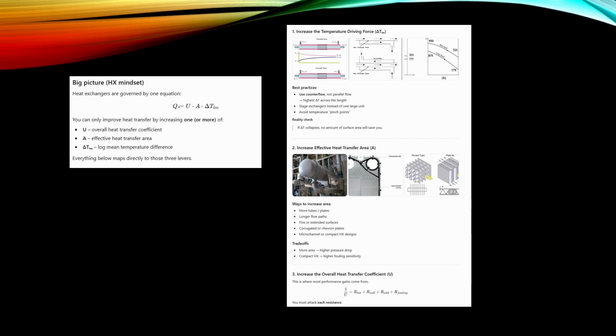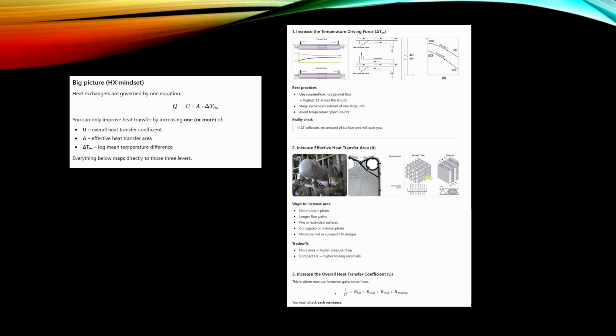Heat transfer rate is overall heat transfer coefficient times surface area times temperature difference. And this temperature difference is typically highest in counterflow heat exchangers compared to parallel units. If we want to increase the surface area, we can add fins.